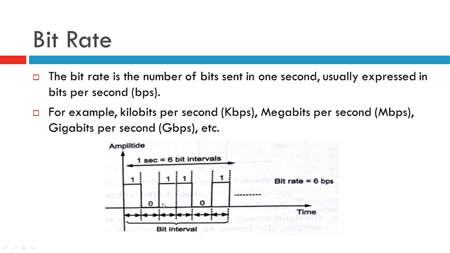As can be seen from this diagram, a bit interval takes a fixed unit of time. In 1 second, 6 bits are transmitted: 1, 2, 3, 4, 5 and 6. So 6 bps is the rate, or the bit rate is 6 bits per second.